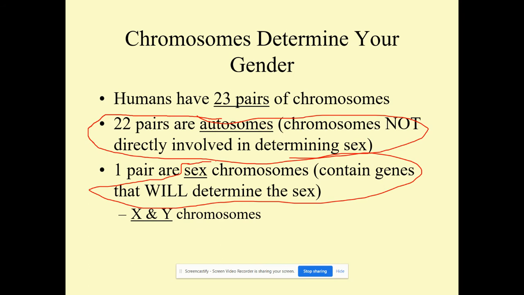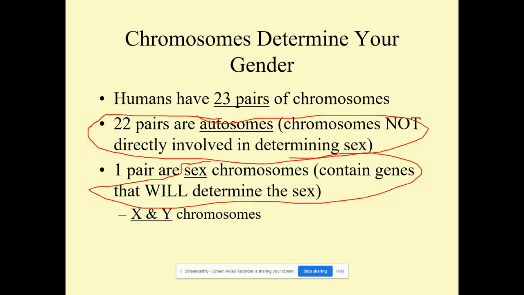So in that picture I showed you, the first 22 pairs of chromosomes are called autosomes. They have nothing to do with determining your gender. Everybody has them. Those first 22 chromosomes, we all have them. They carry the same information. What's on my chromosome 18 is the same as what's on AJ's and Elena's.